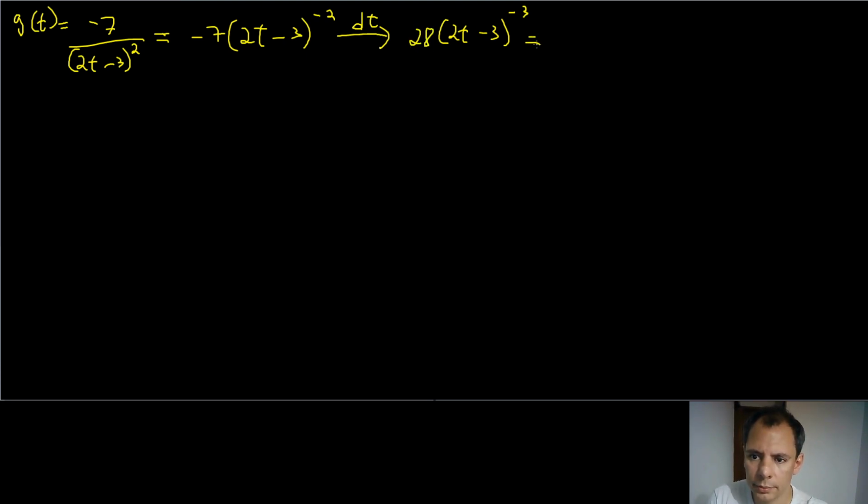And that's it. So this is 28 divided by 2t minus 3 cubed.